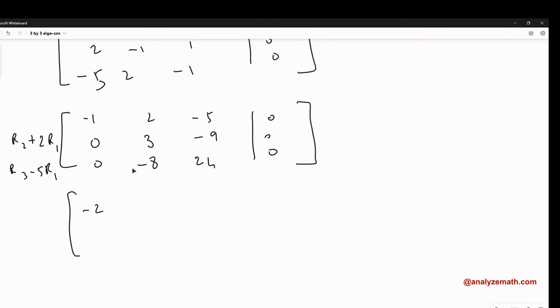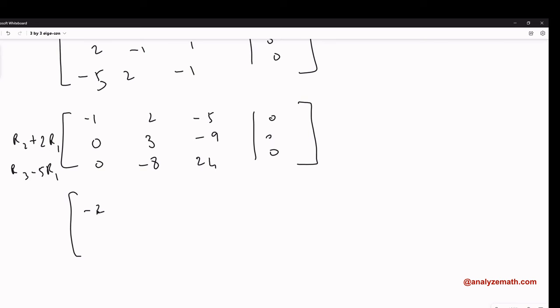What we need now, we need the 0 here. Okay, so negative 1. Hang on. So this is row number 1. Okay, so we said row number 1 unchanged, row number 2 unchanged, row number 3 we divided by 8, or we multiplied by 1 over 8, 0, 0, 0.